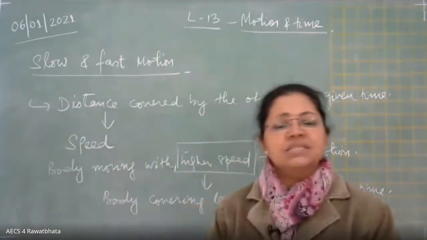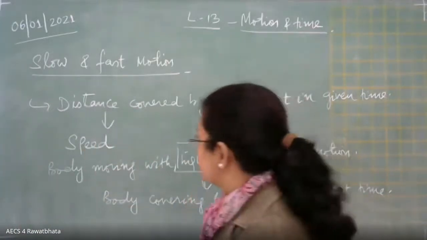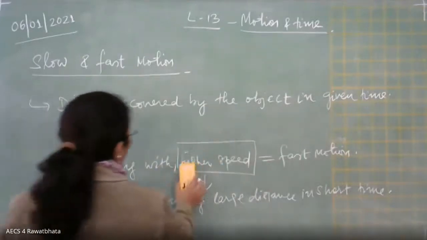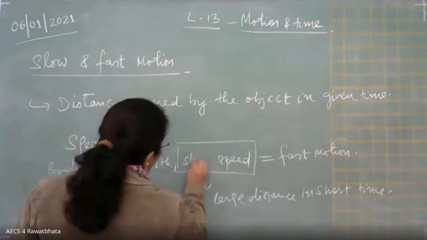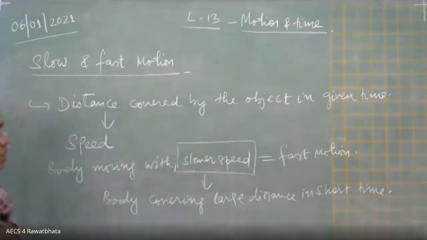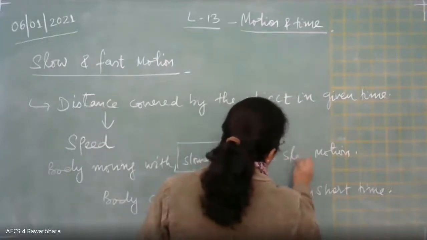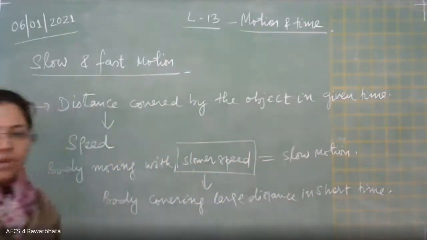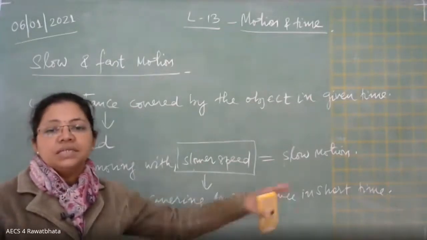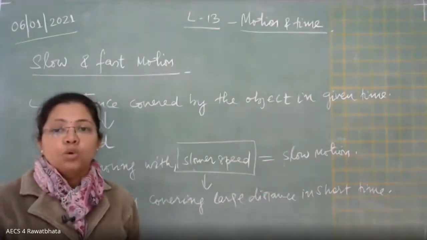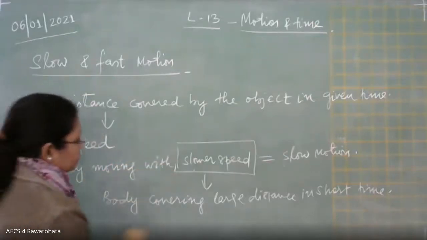And just conversely will be true for slow motion. Now slow motion: the body moving with slower speed will be called as in slow motion. When a body is moving with a slower speed, we say that it is moving under slow motion, right? Now again, what is the meaning of slower speed?